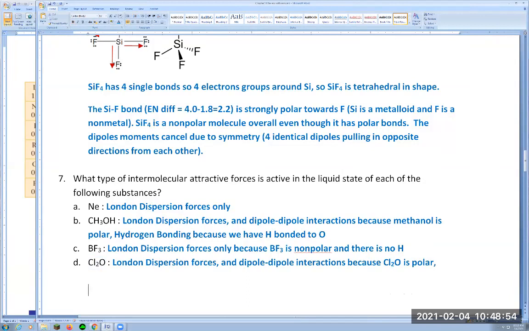So dipole-dipole interactions because it is polar, but no hydrogen bonding because there is no H also in this molecule. So that's how you decide what are the intermolecular attractive forces that are acting on molecules of the same substance.